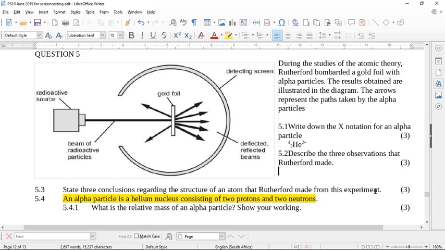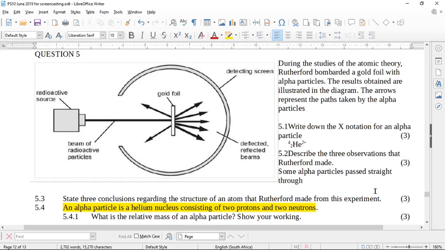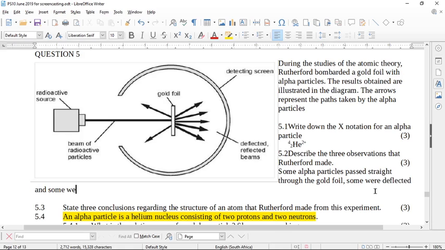So these are the 3 observations. Some alpha particles passed straight through the gold foil. Some were deflected, and some were reflected. Okay? So in the memo it says deflected and deflected twice. They're supposed to be some were deflected, some were reflected, so the memo is not 100%.